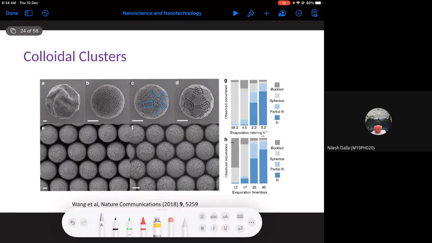But if you increase the evaporation rate, so if it is too high, immediately the water evaporates. Then you get this complex buckled structure, because now the evaporation is not uniform.